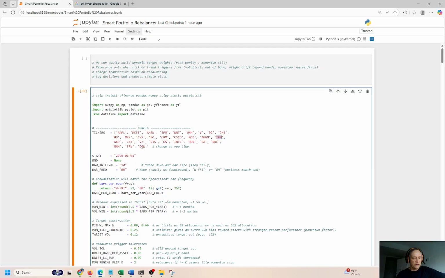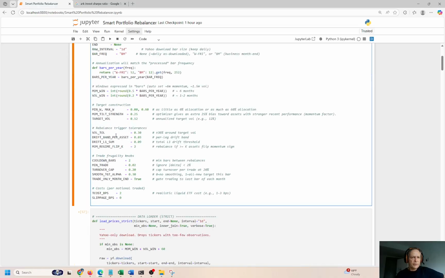Just in case you pick some stocks, because you can put in whatever you want, my stock or my ticker, EKR, whatever. If that's what you want to do, that's fine. But if it doesn't have sufficient data, it's not going to cause them all to crash or fail, right? It's just going to skip those. So that's the point of that. And by the way, of course, you can change this date. You can change any of these stocks to be whatever you want, right? So it's pretty scalable, pretty flexible.